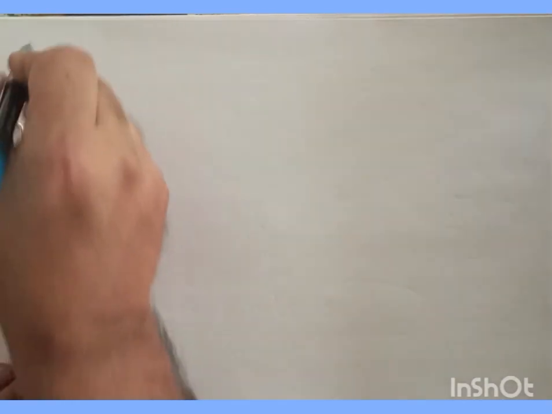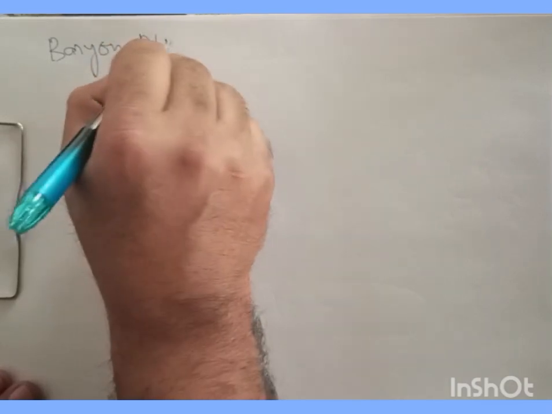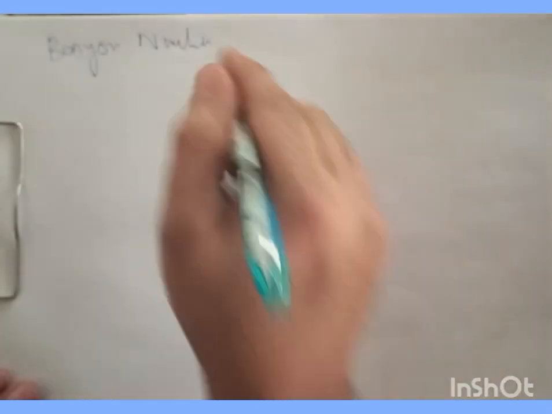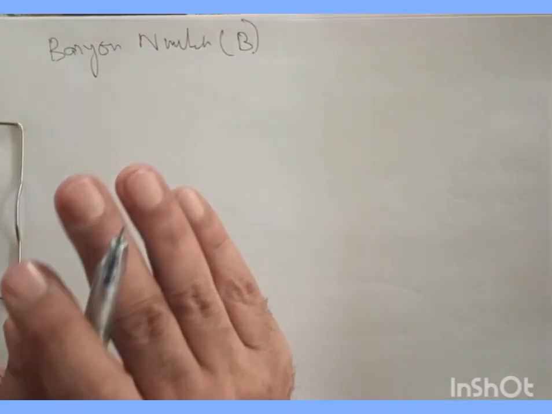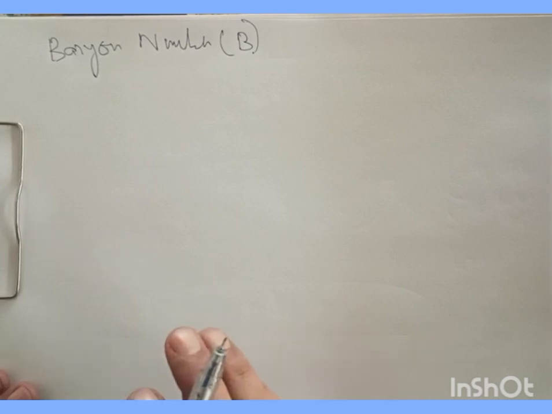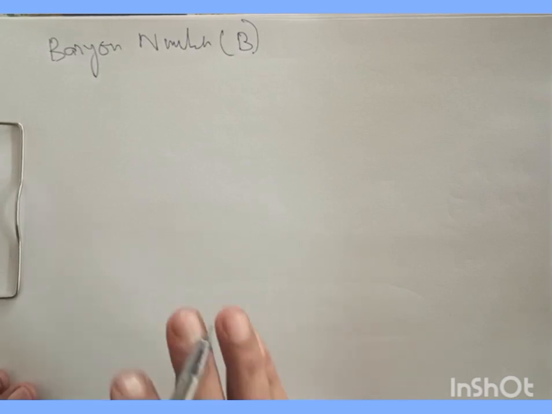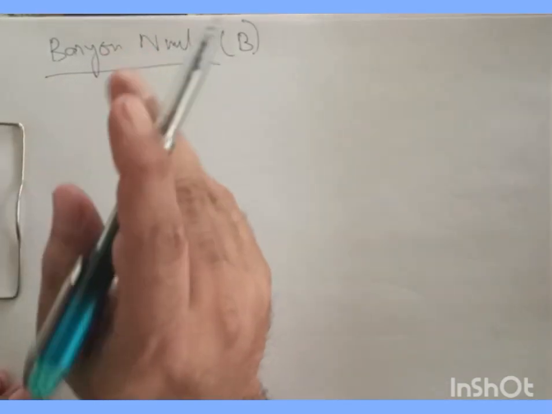Now let's talk about the baryon number, and this is B. Now the concept of this baryon number or nuclear charge was introduced to characterize the elementary particles of the baryon family.